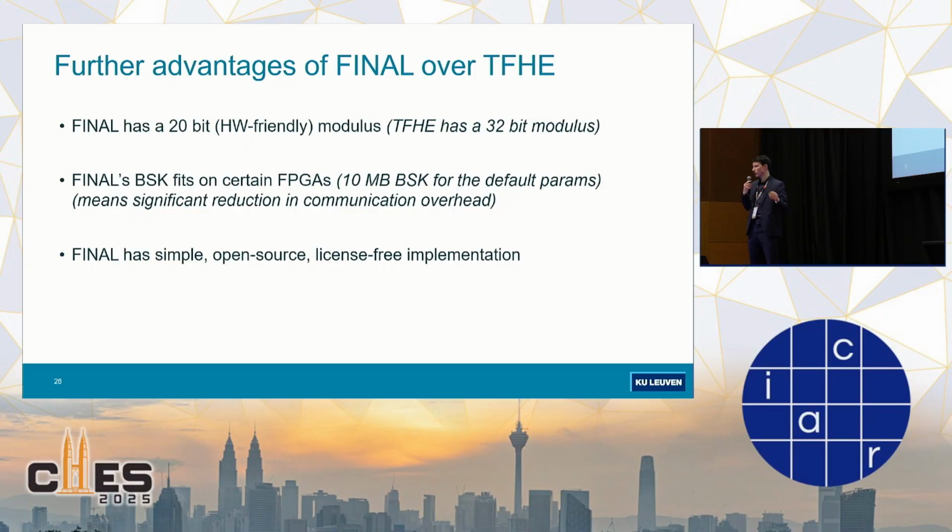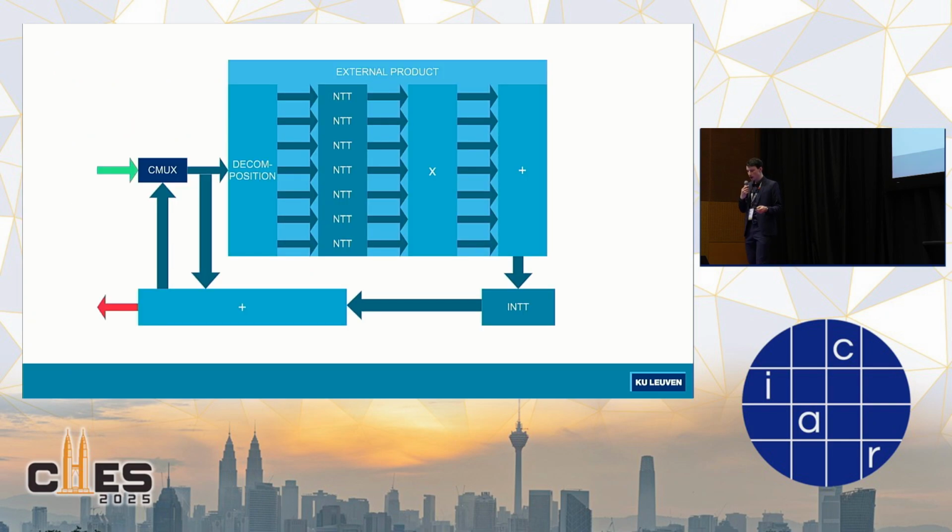The only thing I have to worry about is, can I actually feed my ciphertext into the FPGA, and can I feed it back out again, which is only 1024 coefficients of 20 bits. And also FINAL has a simple open source license-free implementation in C, which makes it easy to make a hardware design, of course.